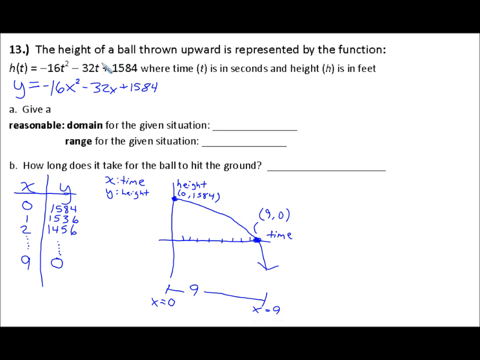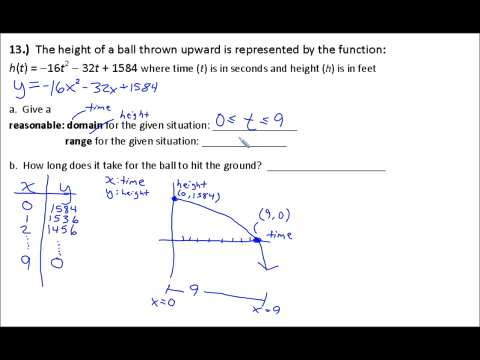In this case, they're using the variable t, so let's put it in terms of t. We'll say t has to be a value between 0 and 9, and it can include 0 and 9 because things are happening at those points in time. Range deals with height, so remind yourself, domain is time, range is your height.